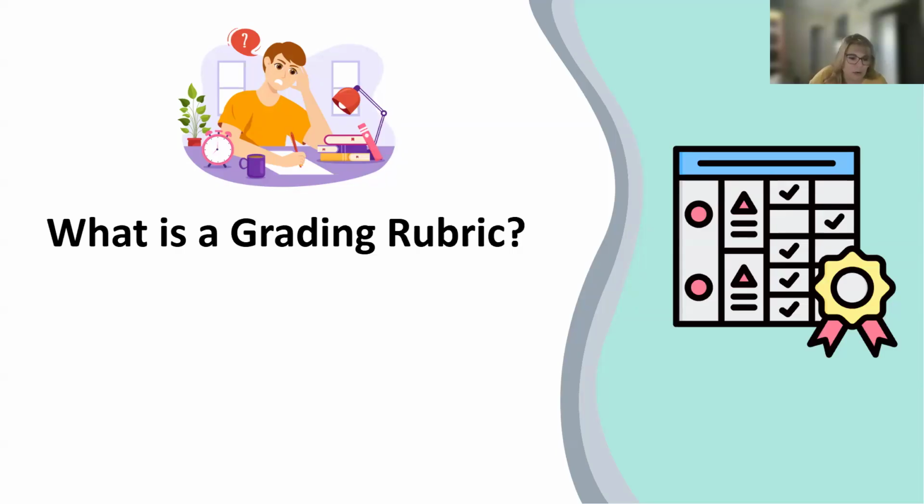It says a rubric is a scoring tool that identifies the various criteria relevant to an assignment or learning outcome, and then explicitly states the possible levels of achievement along a continuum of expectations.